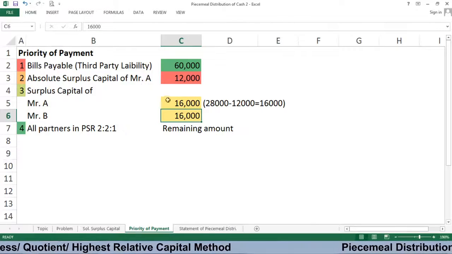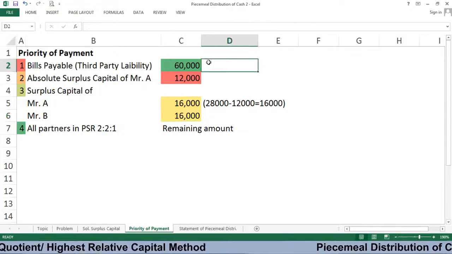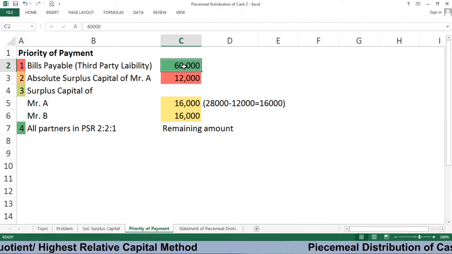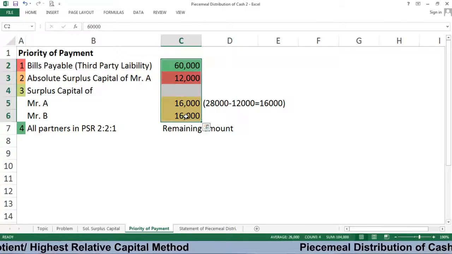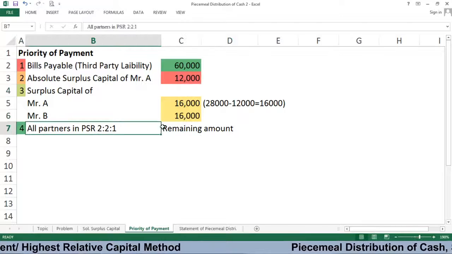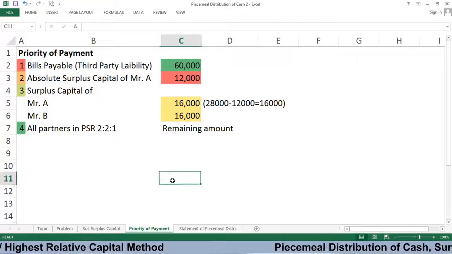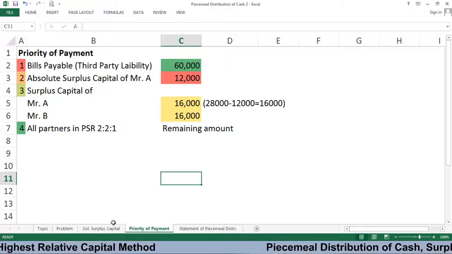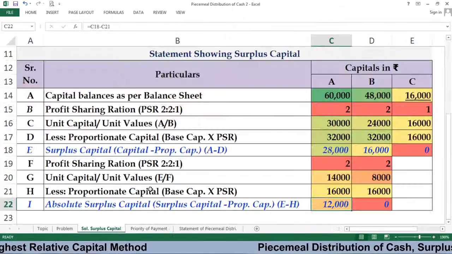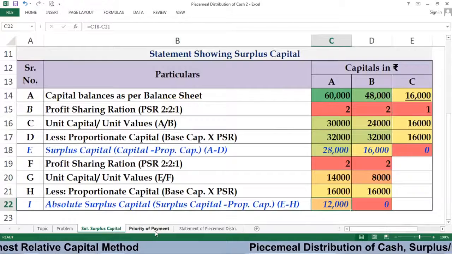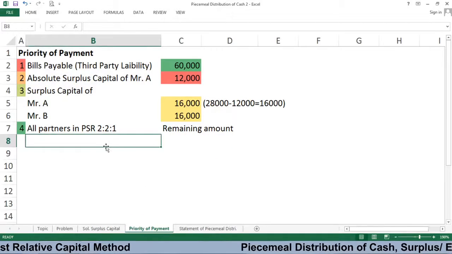After payment of this, 16 plus 16, 32, plus 12 plus 60, when we have paid all this amount, if we have some money left, we will pay the remaining amount to all the partners in their profit sharing ratio. So this is all about the surplus capital statement and the priority of payment.